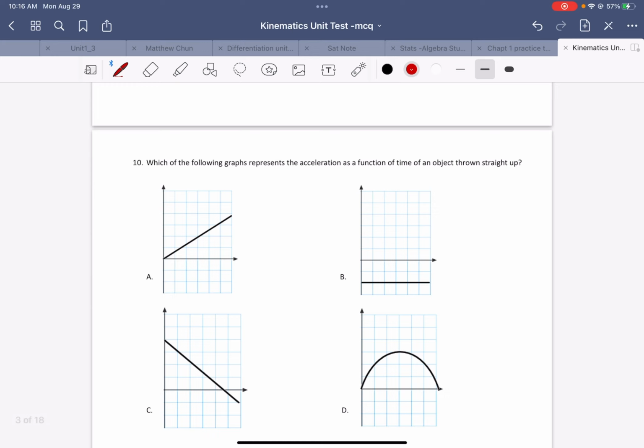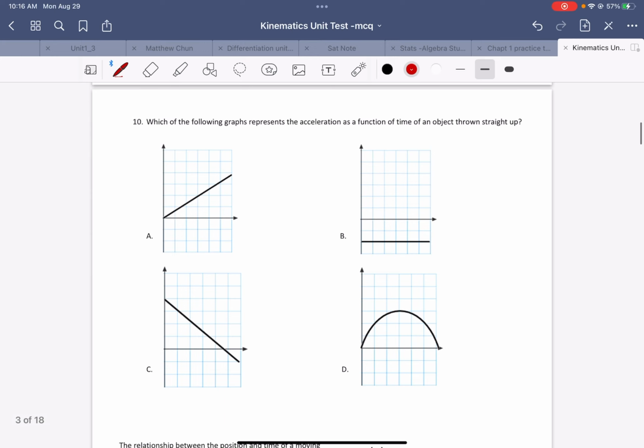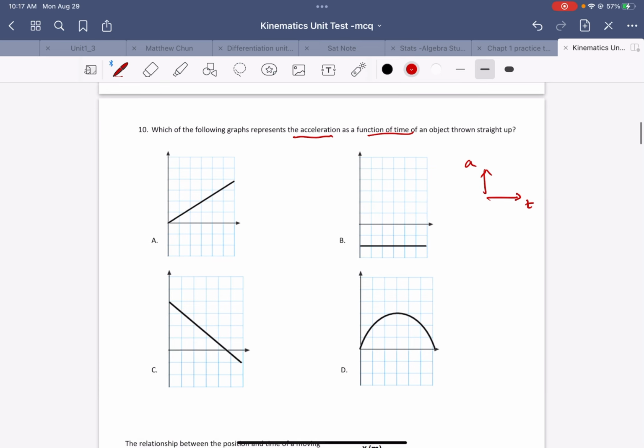Now, which of the following graphs represent the acceleration? This time, acceleration versus time. So your x value is time, and this time the y is acceleration. What acceleration do you have when you throw a ball in the air? The only acceleration you have is gravity. Gravity is a negative value, so the answer is always negative 10 here.